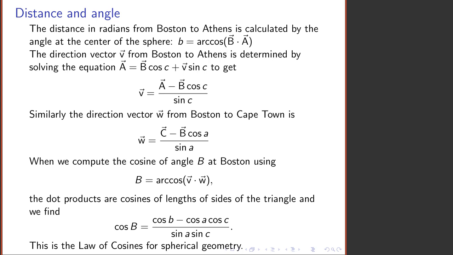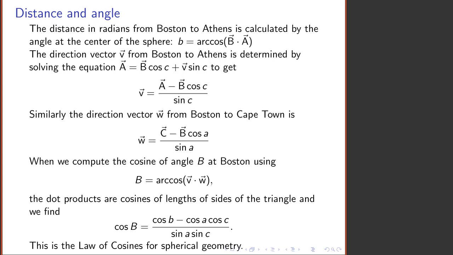And when you multiply these together, interesting things are going to happen. A dot C is going to give you something that involves the cosine of side B. B dot C and A dot B will multiply cosine A and cosine C respectively. So I'll get a couple of terms involving cosine A, cosine C with a minus sign.